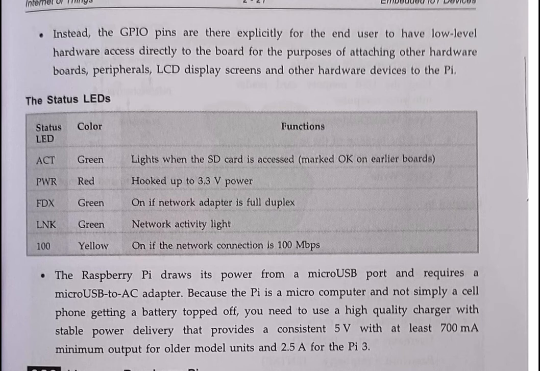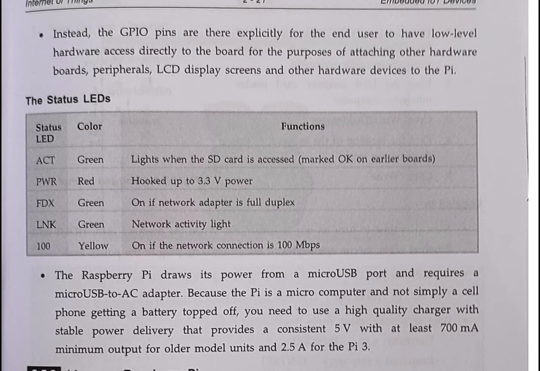Okay, so the status of the LEDs indicates something. If the ACT pin is green, it lights when the SD card is accessed or marked OK, or on the earlier boards. If the PWR pin is red and hooked up to the 3.3 volt power, then it will turn on.